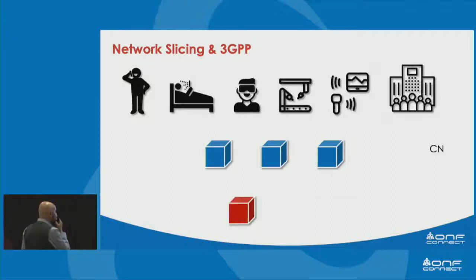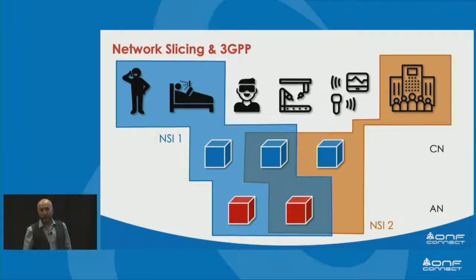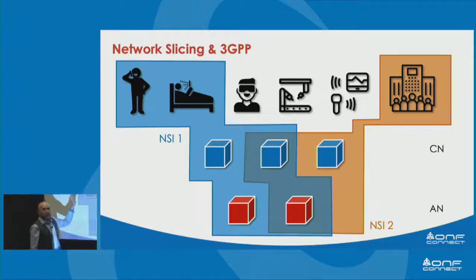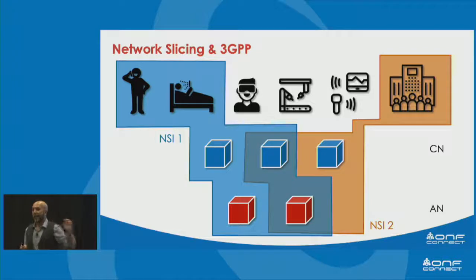And you will have a number of core networks and a number of access networks. Then the network slice actually is something like this. So you can have, for a given communication service, you can define the slice to be composing multiple core network instances and multiple access networks.